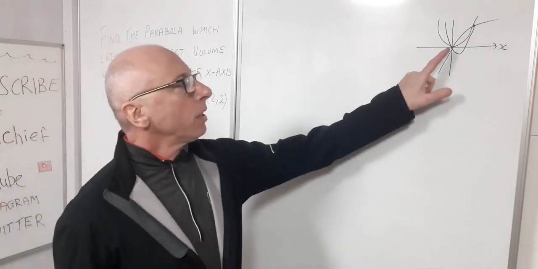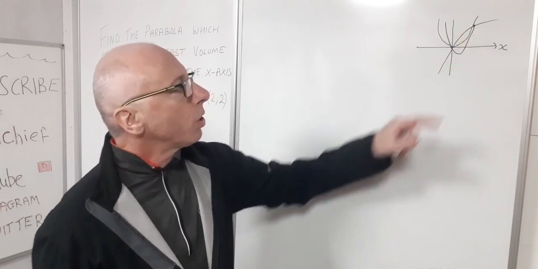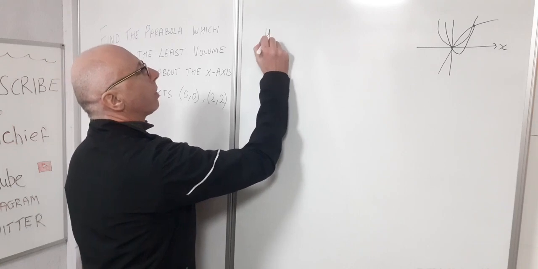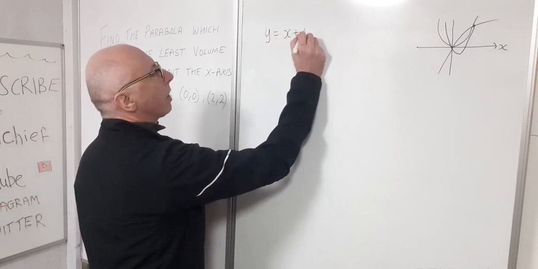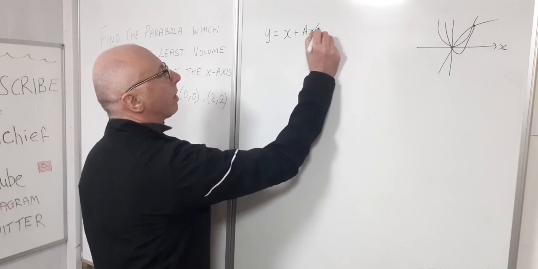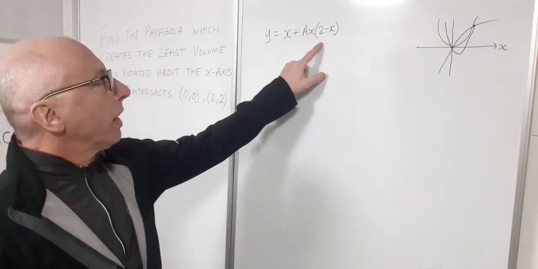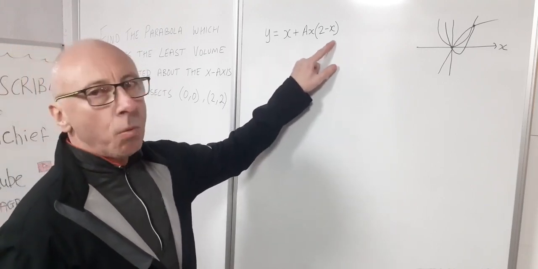Now, first of all, we need to work out an equation for a line that goes from (0, 0) to (2, 2). One such formula for that is we could write our y as x plus ax(2 minus x). So for all values of x from 0 to 2, that will give us our y.